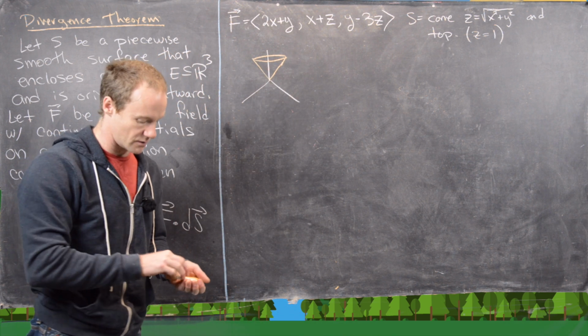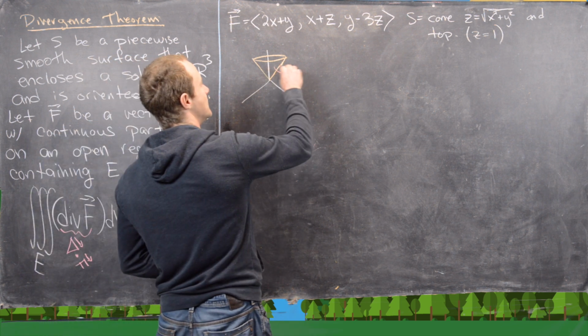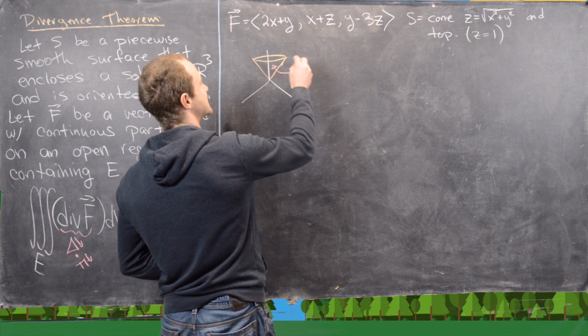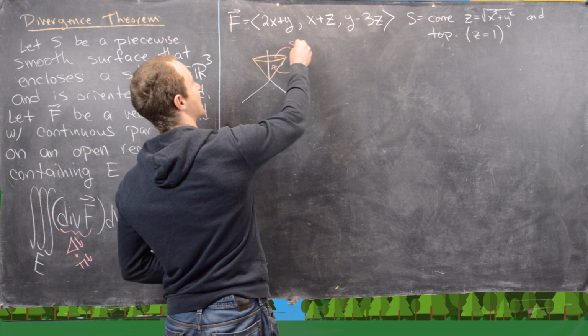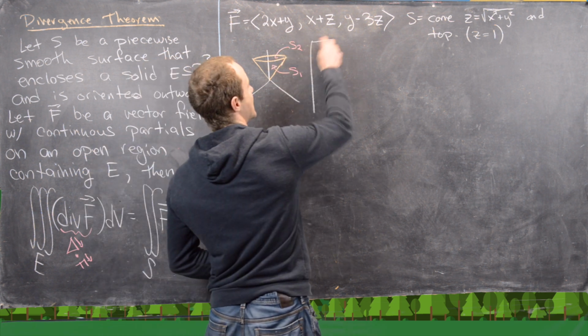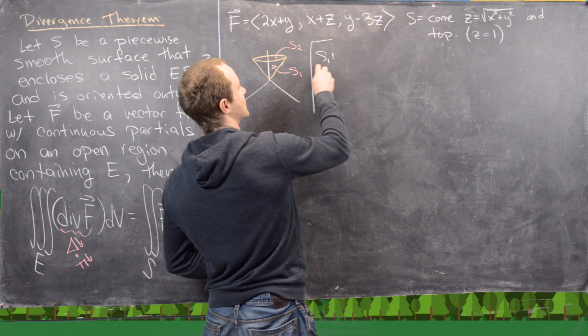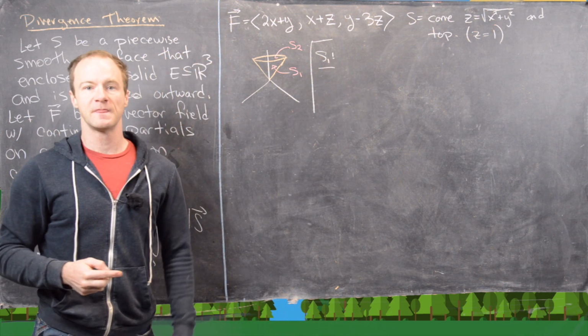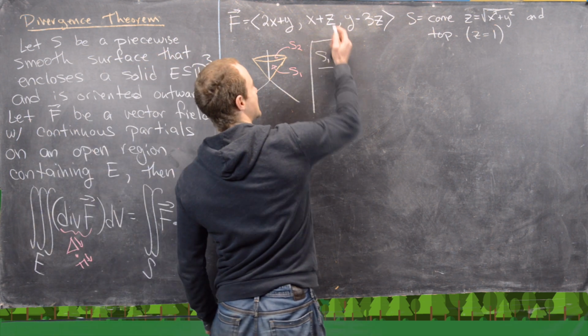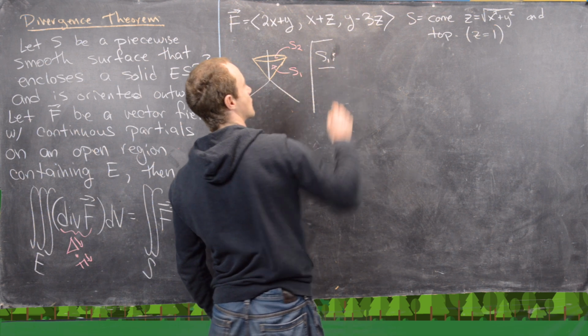So that's our cone. Maybe we could call these sides here S1, and then we'll call the top S2. Let's go ahead and parameterize the side first, in other words, S1. And I want to do that by taking inspiration from spherical coordinates.